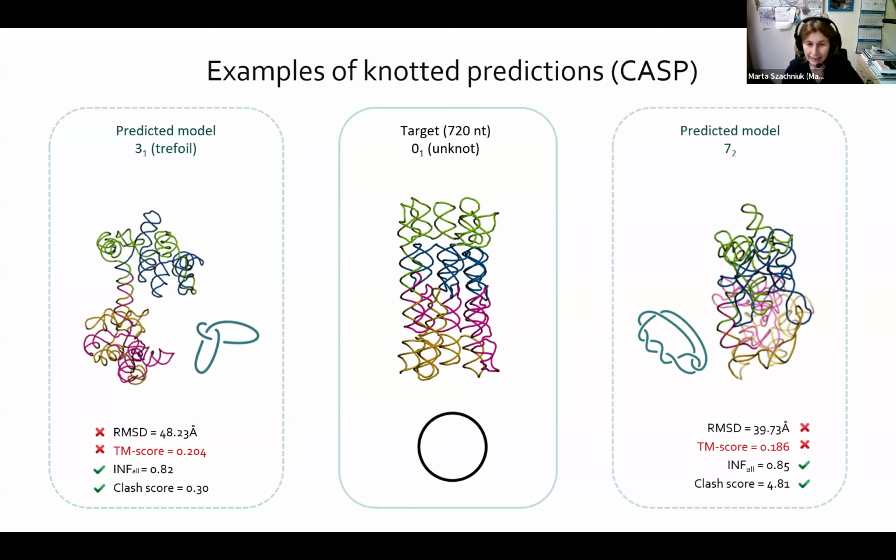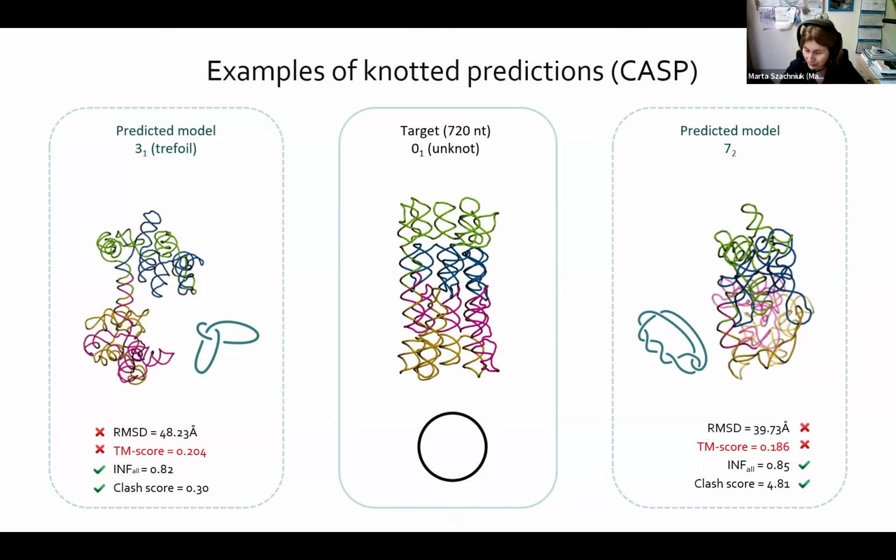Okay, and what we asked here was not just about the topological knots, but also whether any of the evaluation measures that are used to evaluate the structure can tell us anything about these artifacts in the topology of the predictions.